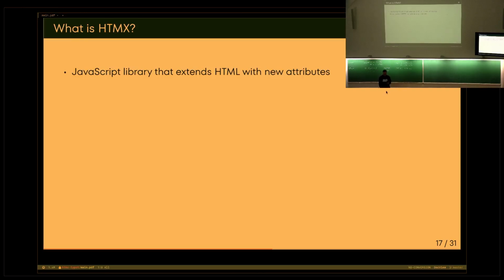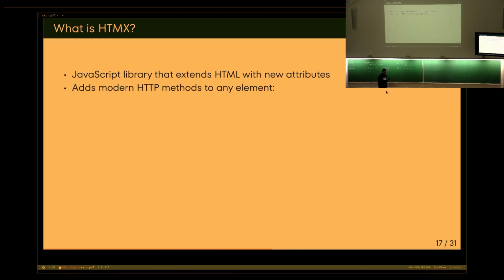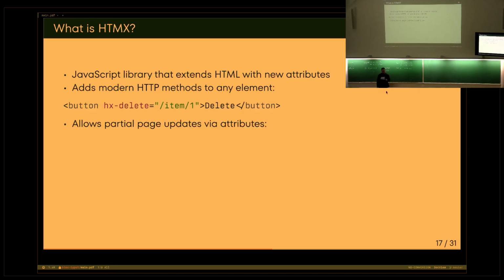It lets us use any HTTP method on any element. So for example, here I have a button and I put an hx-delete, which says, if I click on this button, submit a delete to this URL. Of course, it's a minimal example. I can attach data and put conditions on where that will happen and so on.